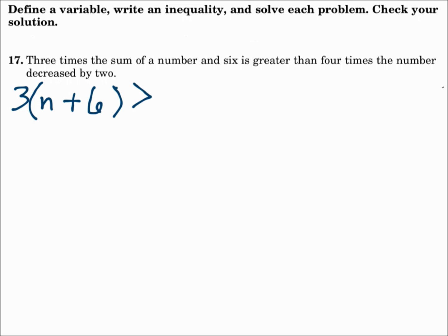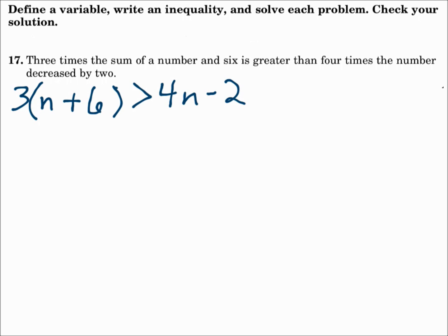Is greater than 4 times the number decreased by is minus 2. So when it says 3 times the sum, that sum goes in parentheses because you're going to add those together and then multiply. That's why we need the parentheses there.